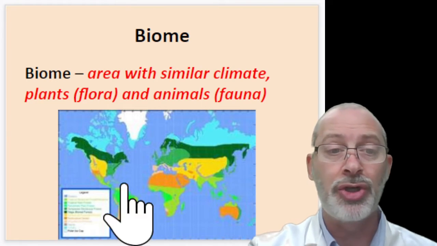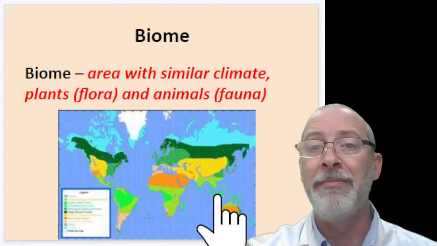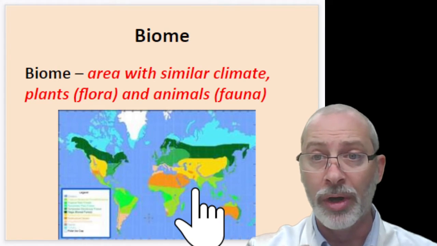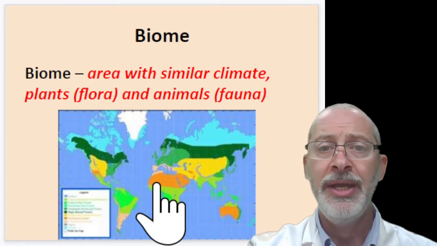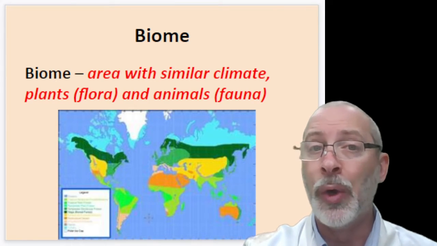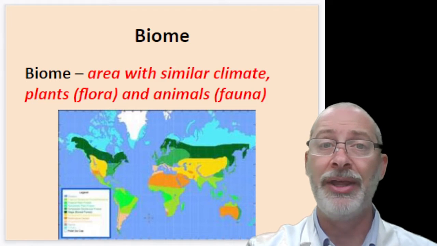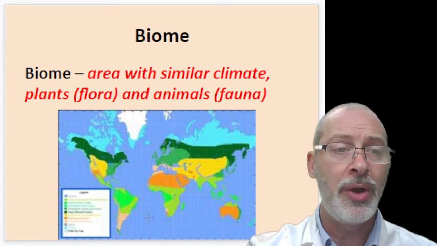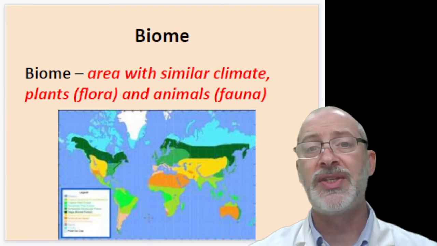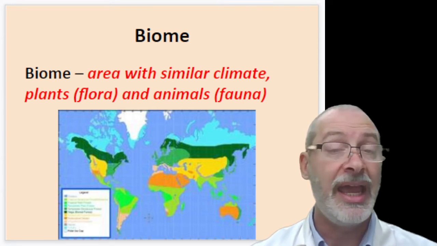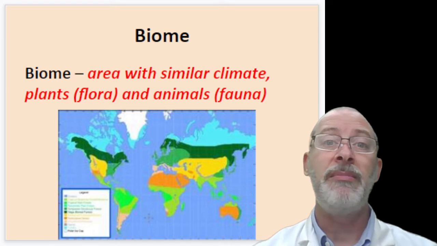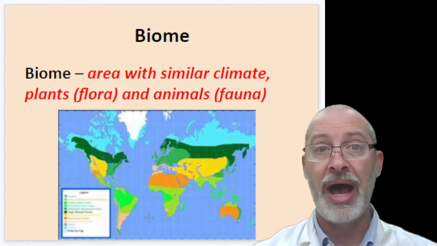Now on this picture here, you'll notice a map of the entire world. And you'll also see that it's color-coded by different biomes that exist on planet Earth. And so we're going to discuss 6 of the major land biomes and 2 of the major water biomes.